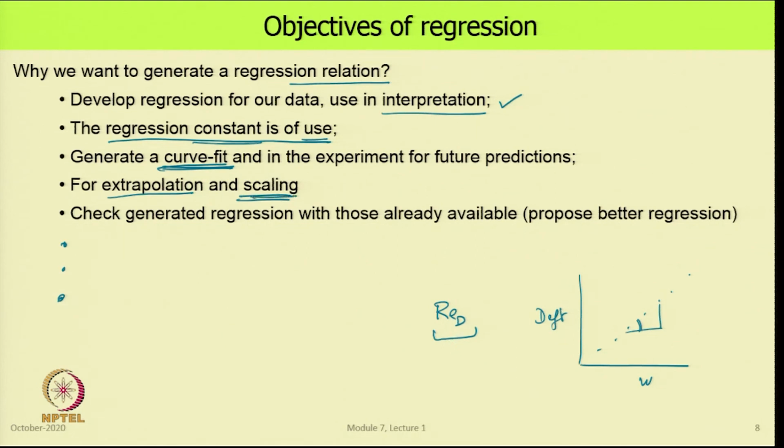So, that helps us in scaling, and also if we took a correlation for a range, maybe we would be able to predict something bigger than that. That would be extrapolation.